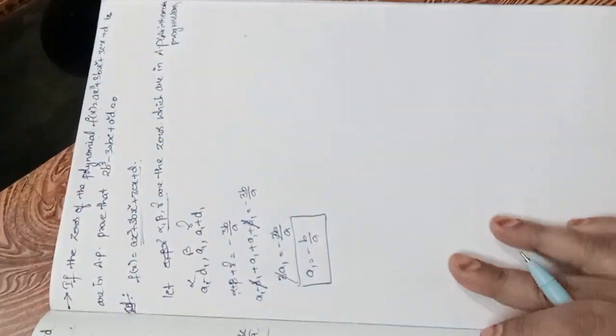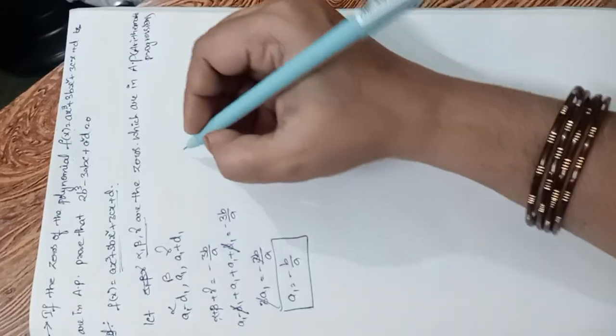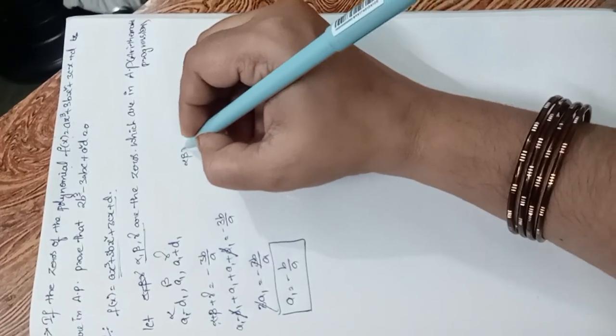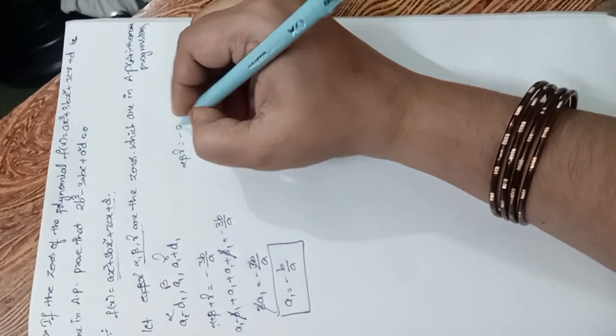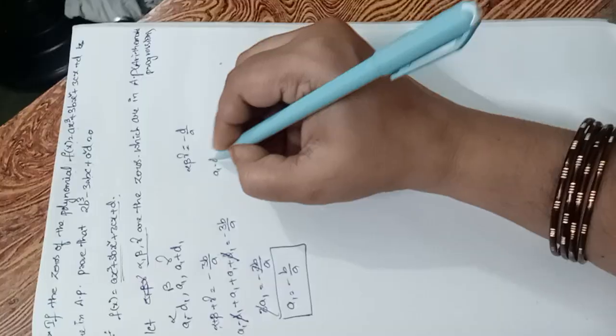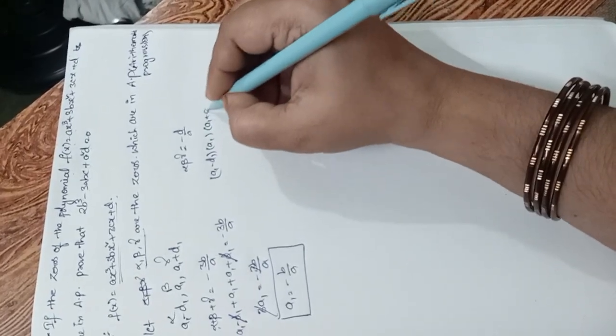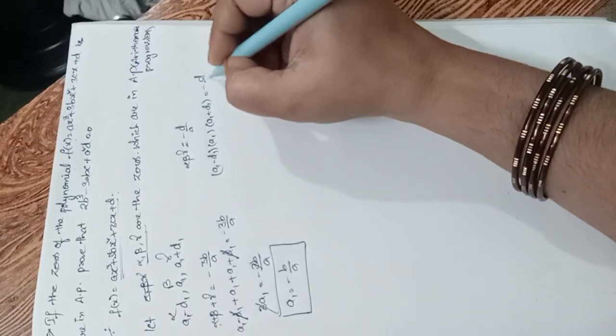Next, coming to find the d1 value. One more formula we have is alpha beta gamma equals minus d by a. So here alpha is a1 minus d1, beta is a1, into a1 plus d1, equals minus d by a.